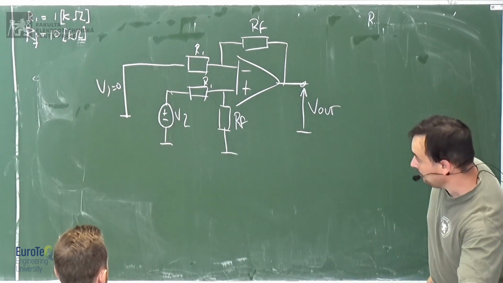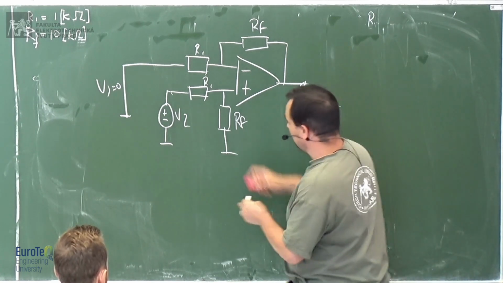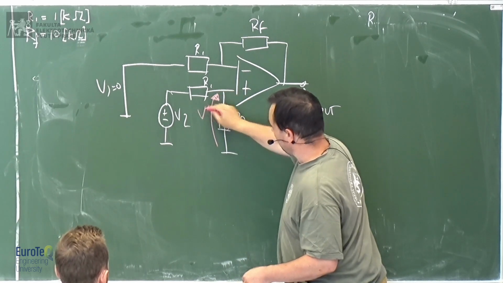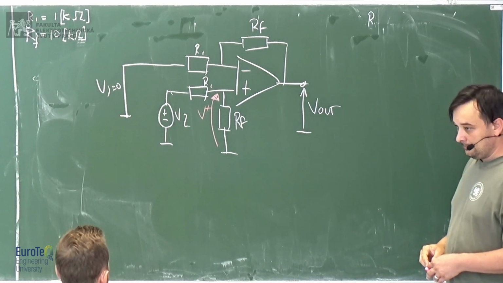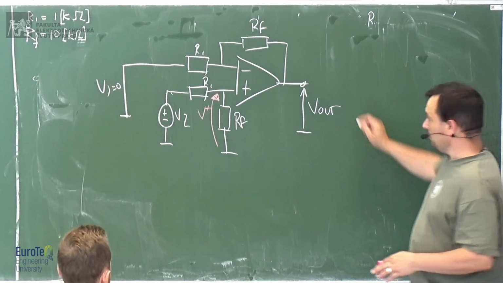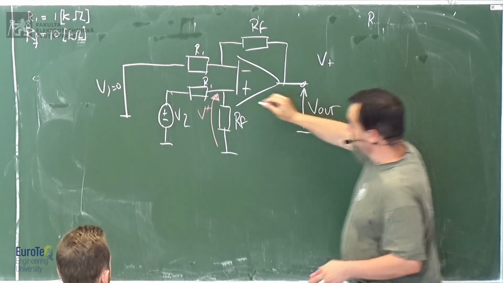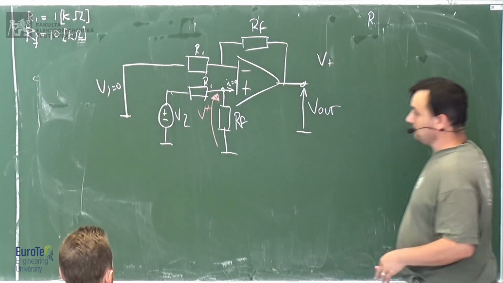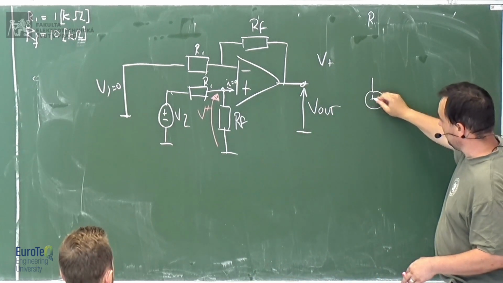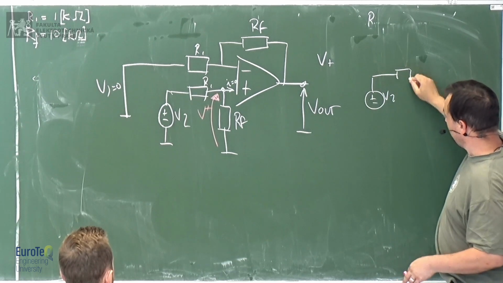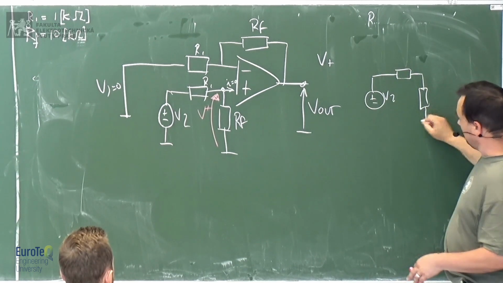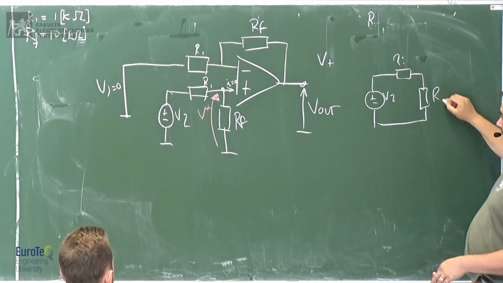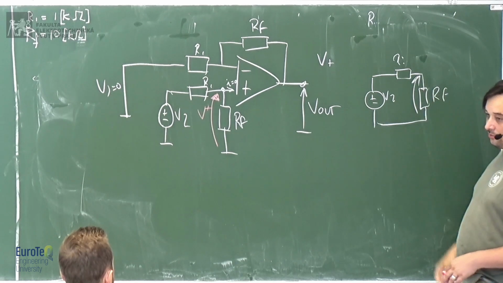Okay? Now, first of all, we calculate this voltage, which is V plus. Are you okay? So V plus, in this case, keep in mind that you have 0 current here. So as a matter of fact, it's like you have V2 with 2 resistances, like this, R1 and RF, and you want the voltage on this one.